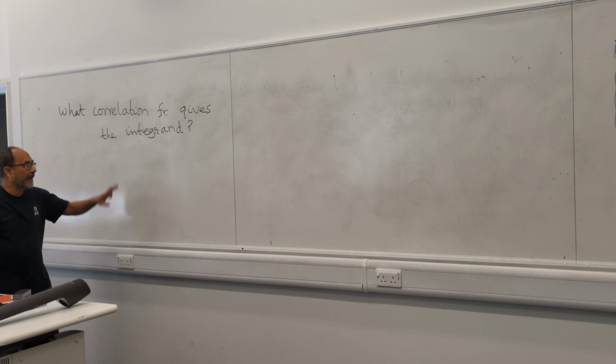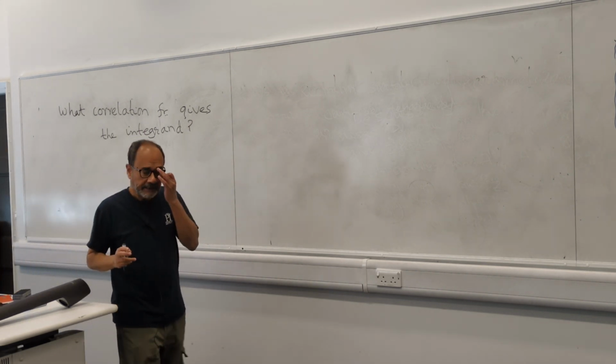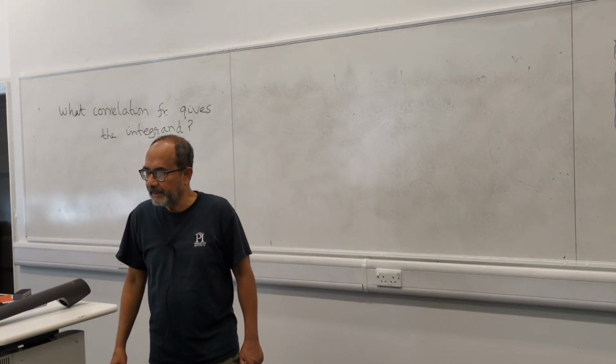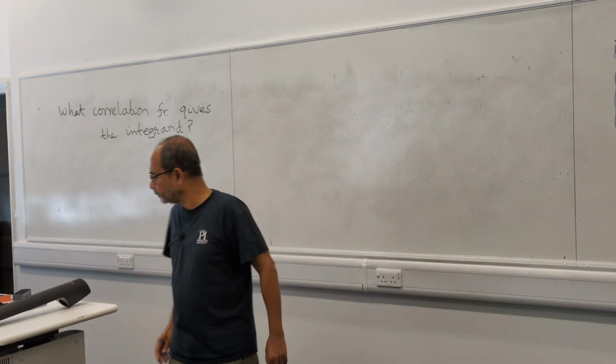This is the integrand that will appear in the expression for the S matrix, because the S matrix is an integral over the moduli space of Riemann surfaces, and you want to know what is the correlation function that you have to integrate.